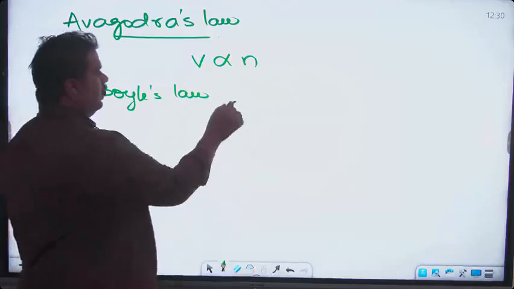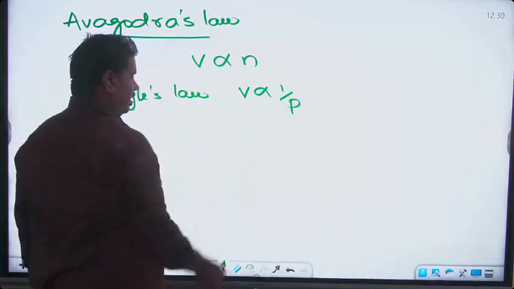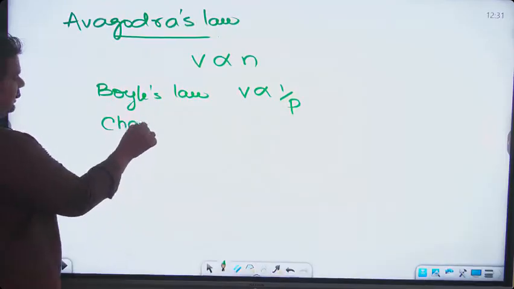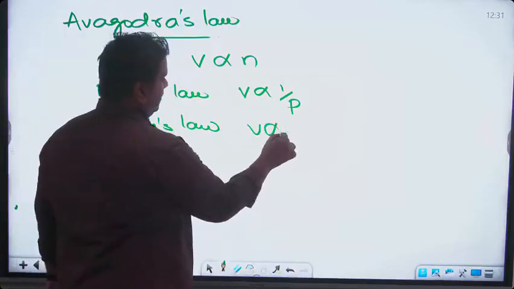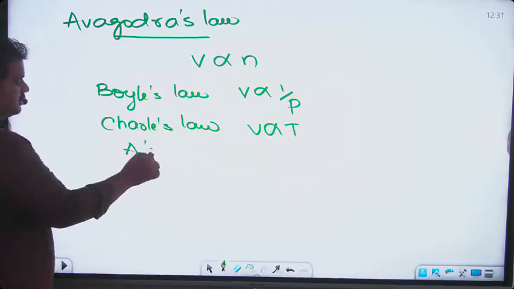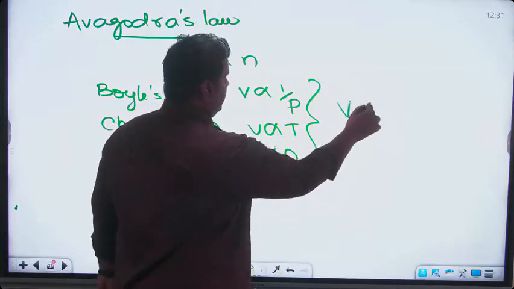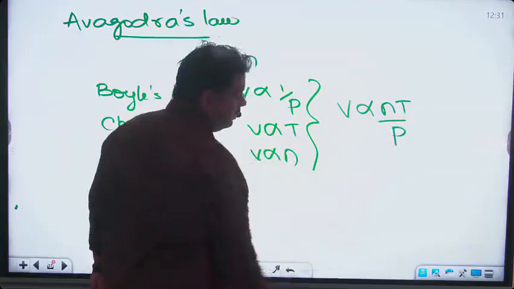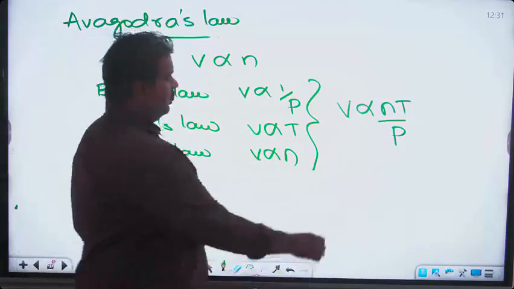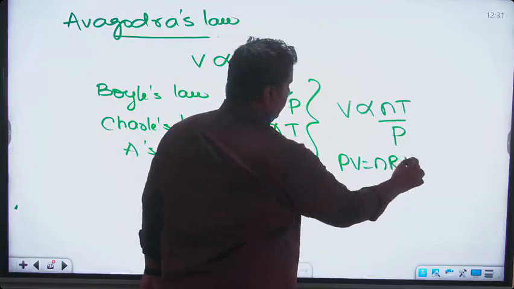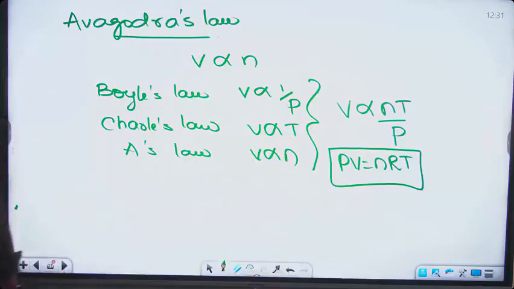According to Boyle's law, V is proportional to 1 by P. At the same time, according to Charles' law, V is proportional to T. And according to Avogadro's law, V is proportional to N. Now, when you combine all these, we can write that V is proportional to nT by P. Now, if you remove the proportionality constant, then we can write PV equal to nRT, which is known as the ideal gas equation.